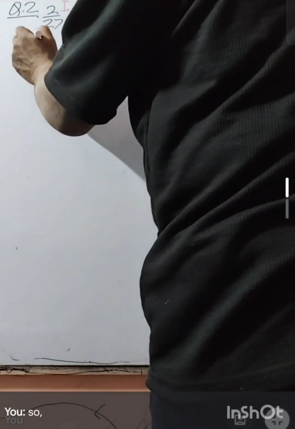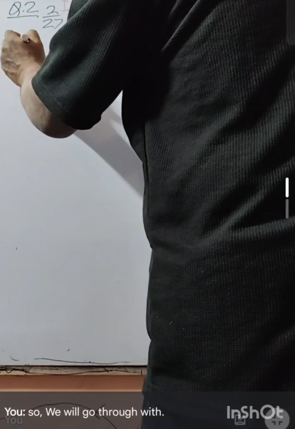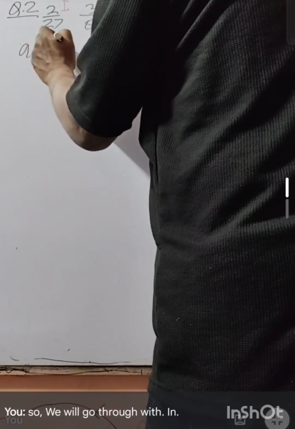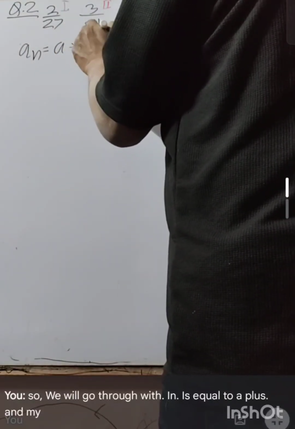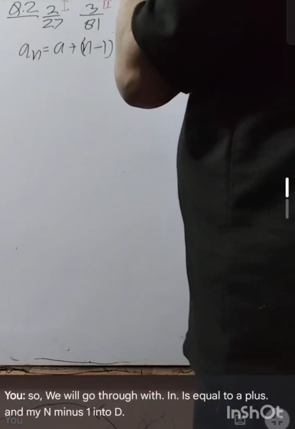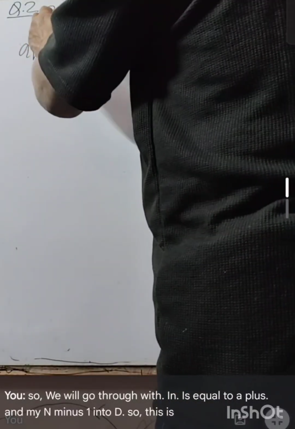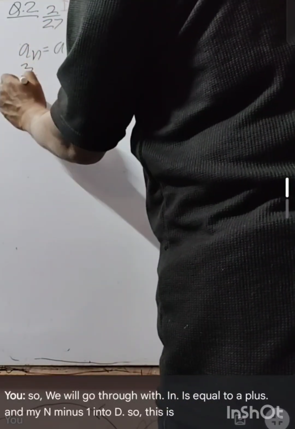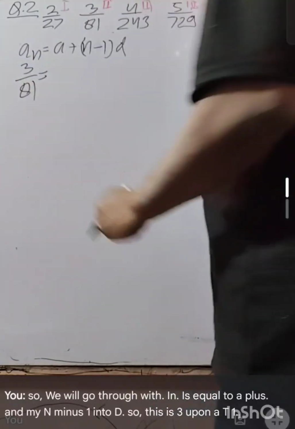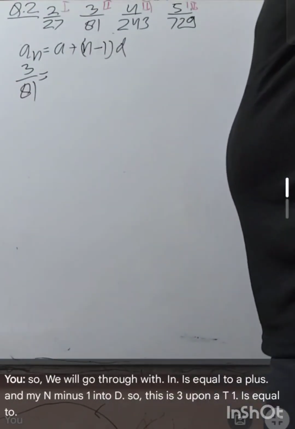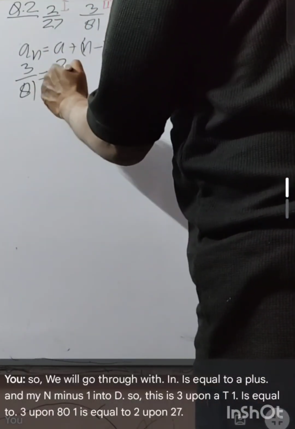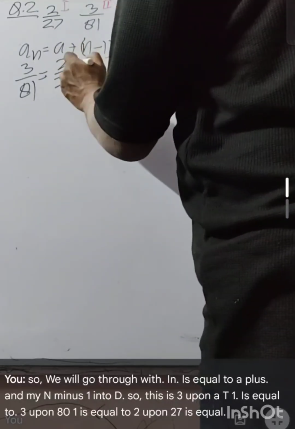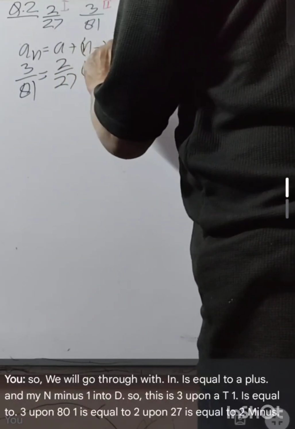So we will go through with a_n is equal to a plus (n minus 1) into d. So this is 3 upon 81 is equal to 2 upon 27 plus (2 minus 1) into d.